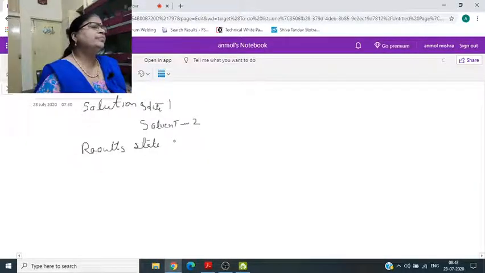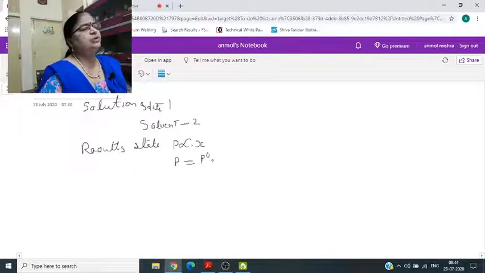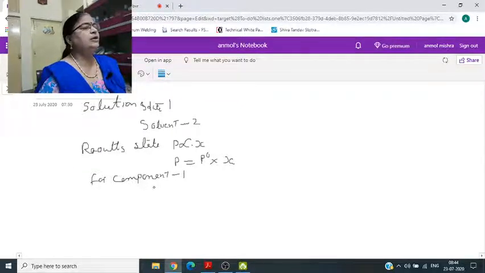the vapor pressure is directly proportional to the mole fraction of the component, or we can write it as P is equal to P0 into X. For component 1, we can write P1 is equal to X1 into P01.